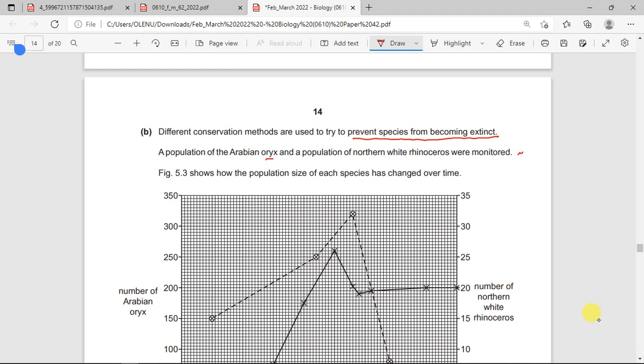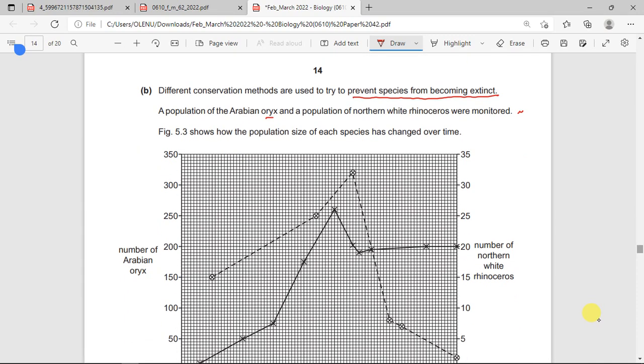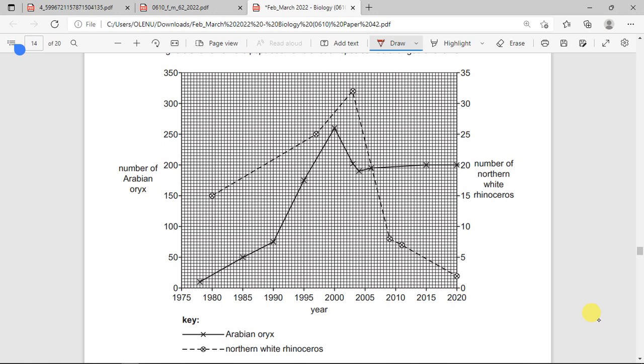Figure 5.3 shows how the population size of each species has changed over time. Always use your key because we are looking at two species here. So this one here represents the Arabian oryx, sorry, I said fox, and this other one is the white rhinoceros.